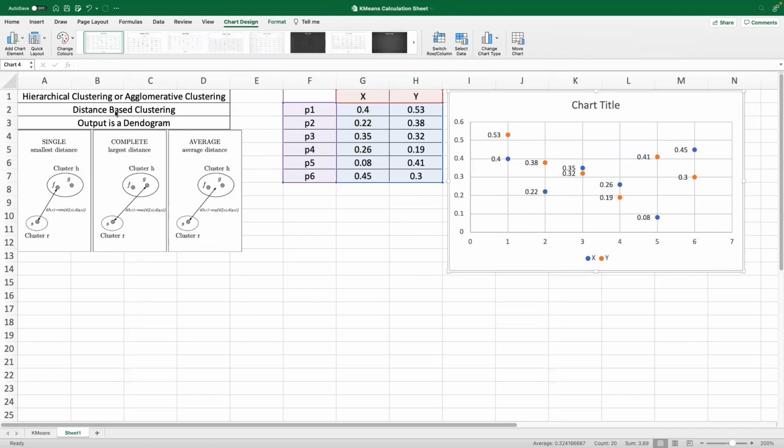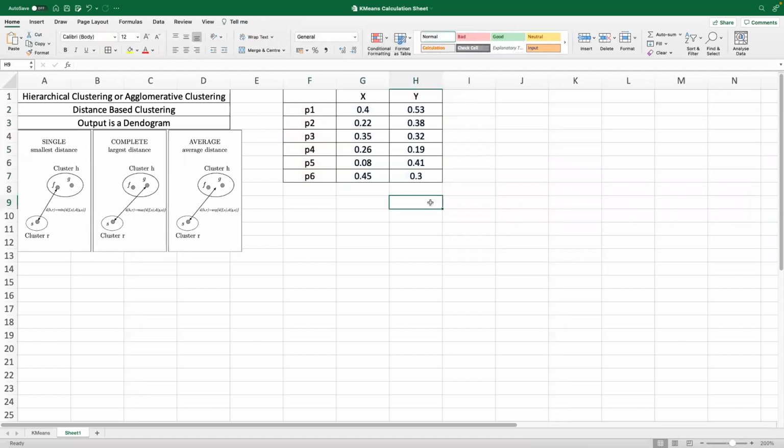But now we need to calculate the distance, right? Euclidean distance we have to calculate for each of the data points. We will take some values and calculate the Euclidean distance of all the observations.